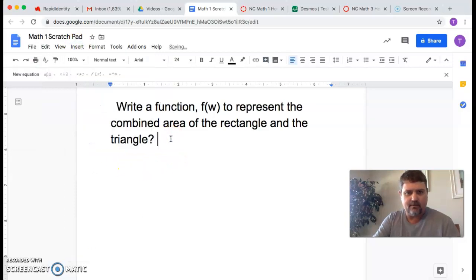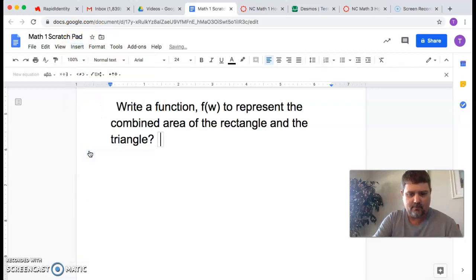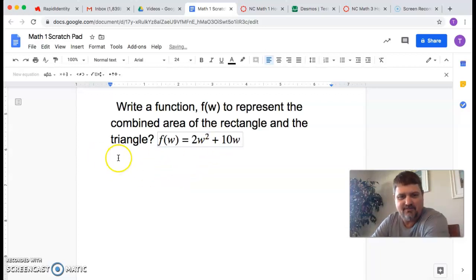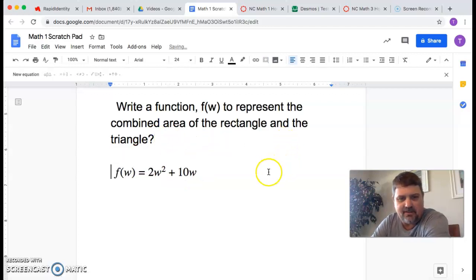Turns out we found f of W to be equal to 2W squared plus 10W. And that came from a multiple choice question, so that would have been one of your options. And we might see that later on this year again.